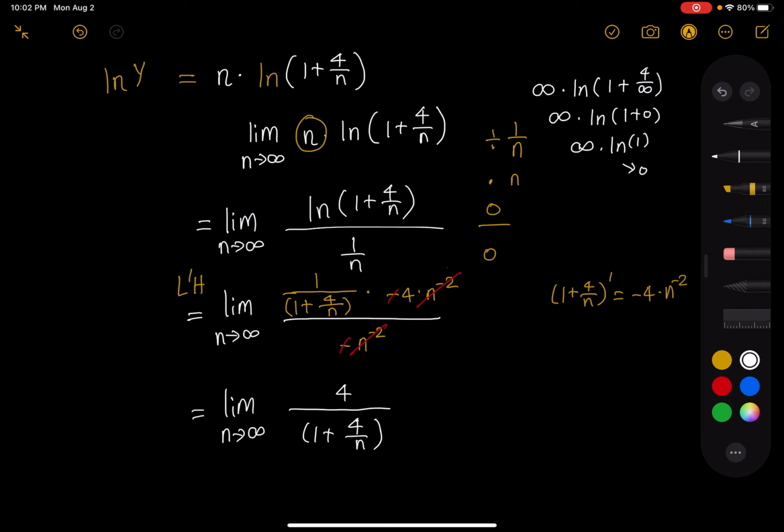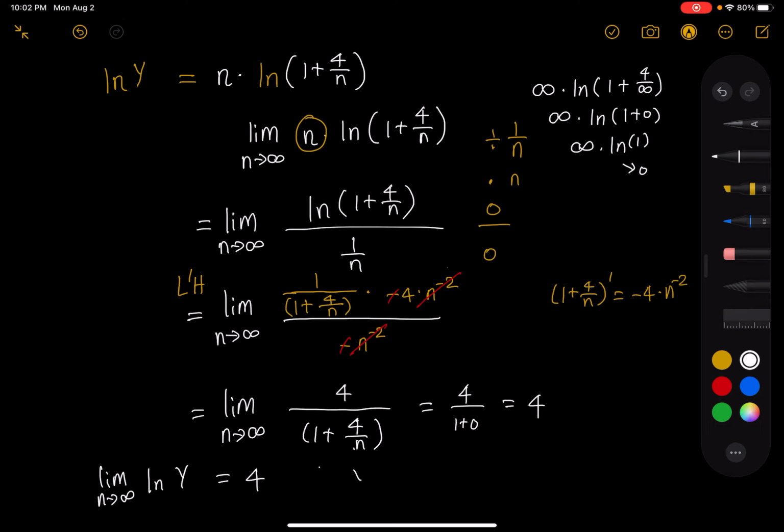Okay, so now we can find this limit easily. You plug in n goes to infinity. You just get 4 over 1 plus 0, so it's just 4. So that limit is 4, which is telling us the limit as n goes to infinity of ln of y equals 4.